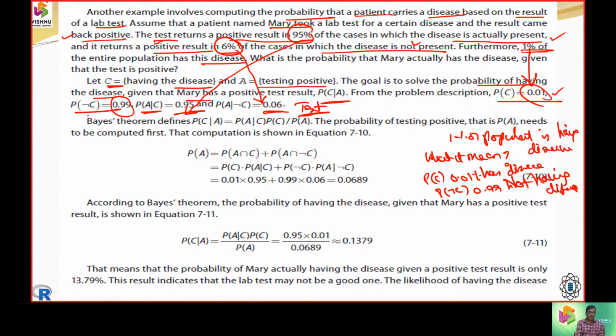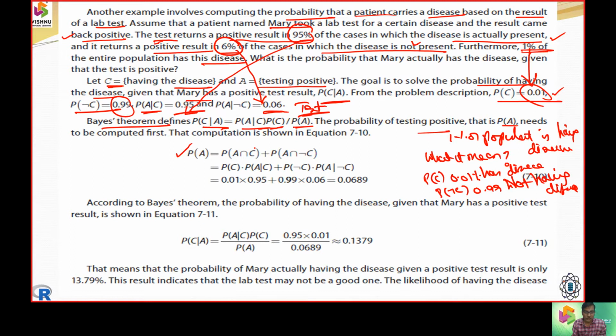Now let us apply the Bayesian theorem using its definition: the probability of C given A will be the probability of A given C into the probability of C, divided by the probability of A. So the probability of testing positive, P of A, needs to be computed first. How are we going to compute P of A?